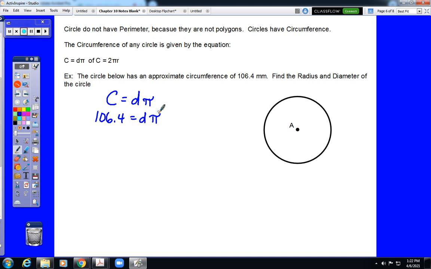How do you solve that equation for diameter? Yeah, divide by pi. So then we'd go to our calculator and we would do 106.4 divided by pi. And I am using the pi button, by the way. So that's going to give me that the diameter is approximately 33.87 millimeters.